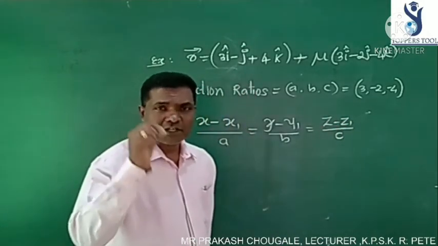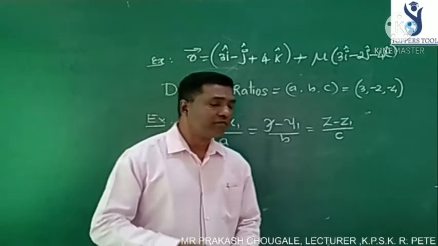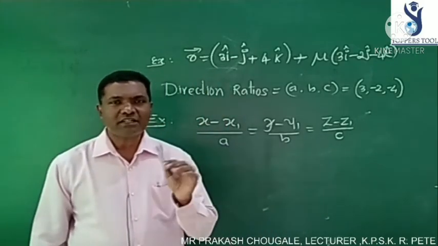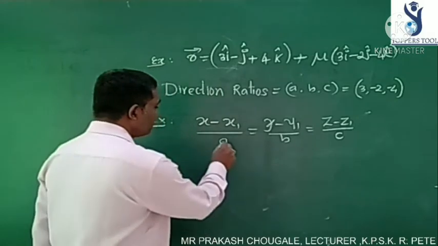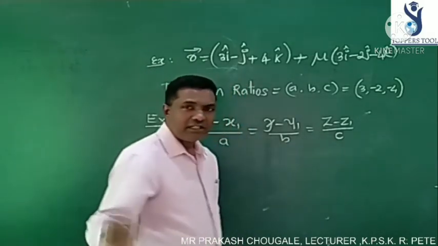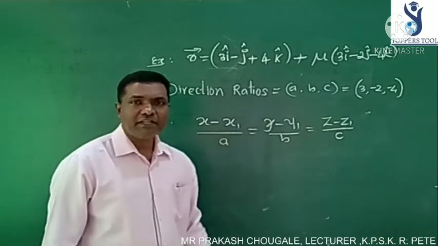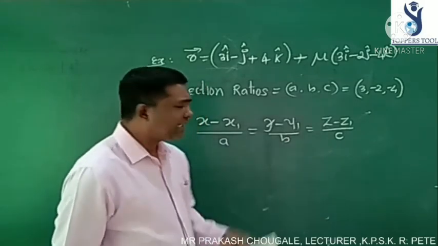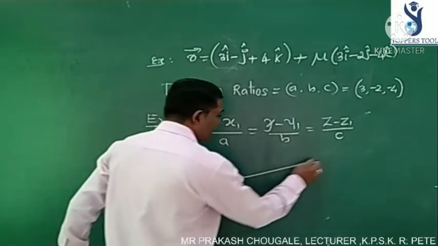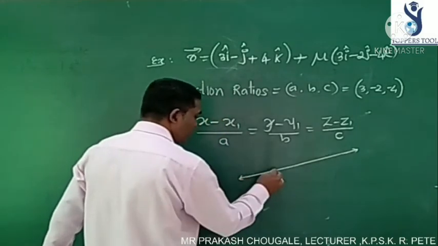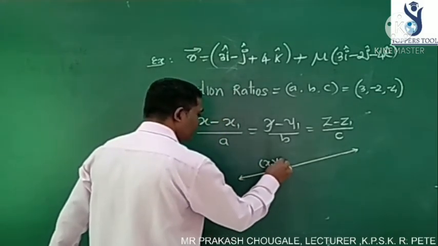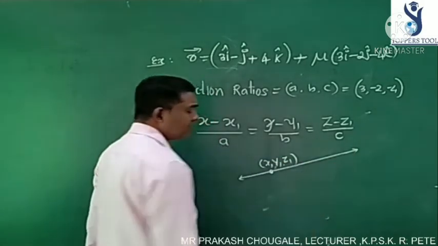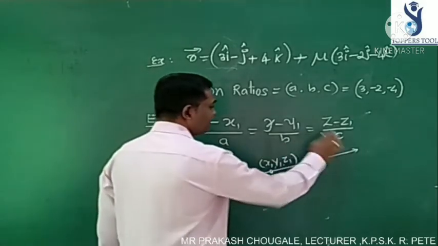Even if you are given the equation in Cartesian form, you must tell me what its direction ratios are. These denominators stand for the direction ratios of a given line, and this x1, y1, z1 stands for a point on the line. So geometrically, this is the line which passes through the point x1, y1, z1 and has the direction ratios a, b, c.